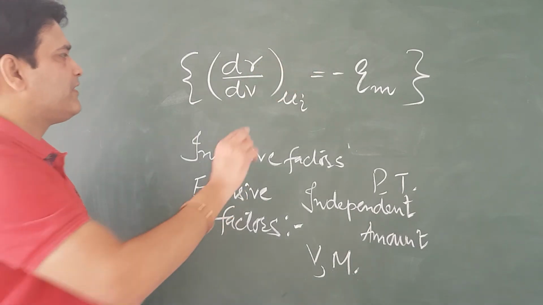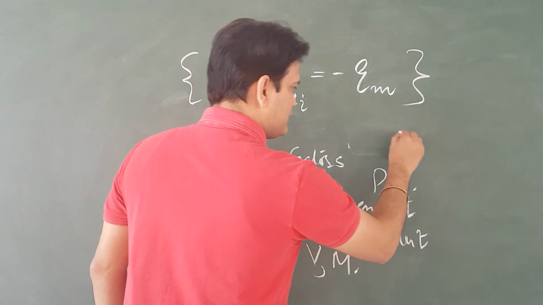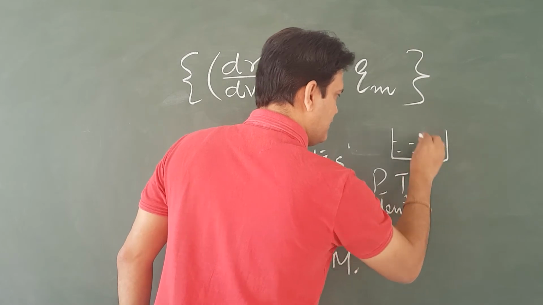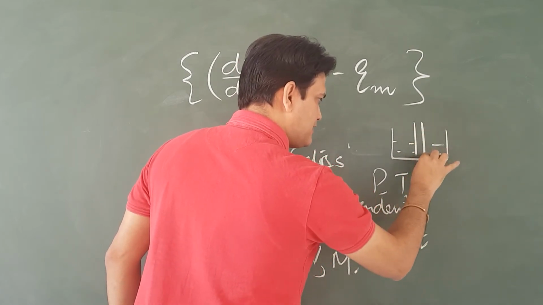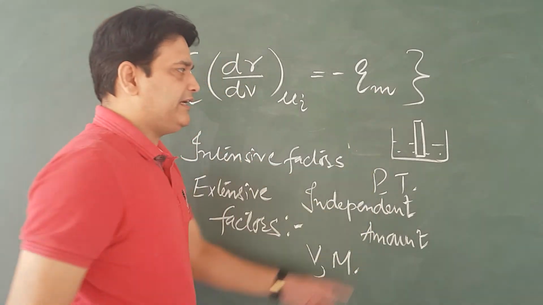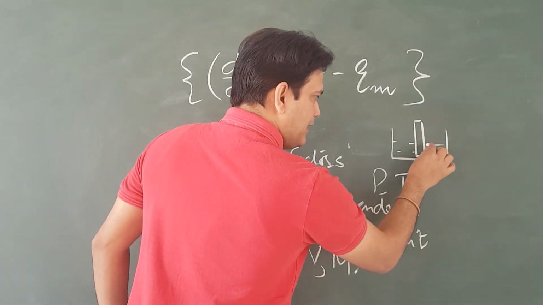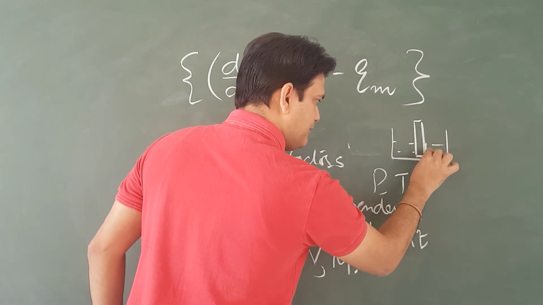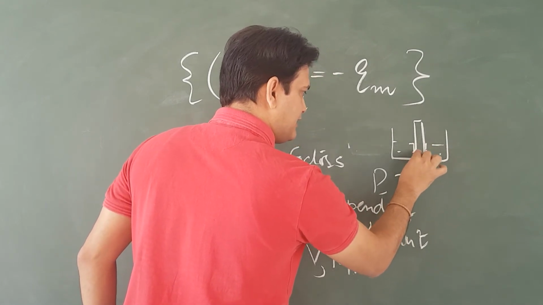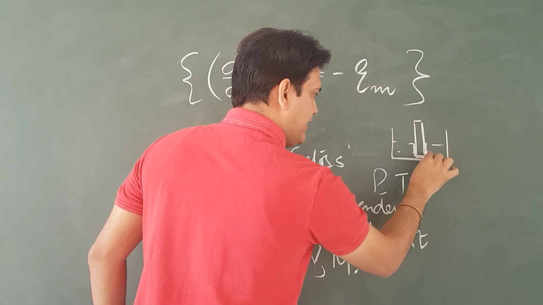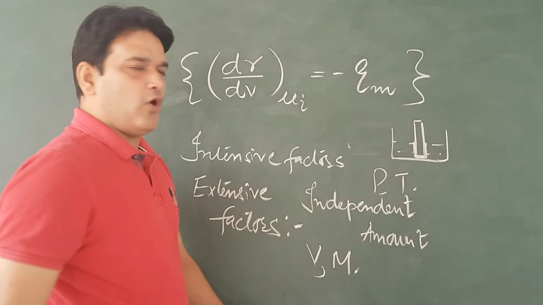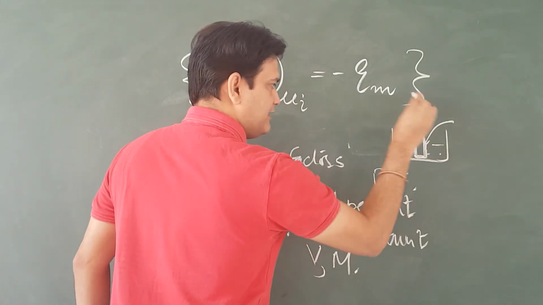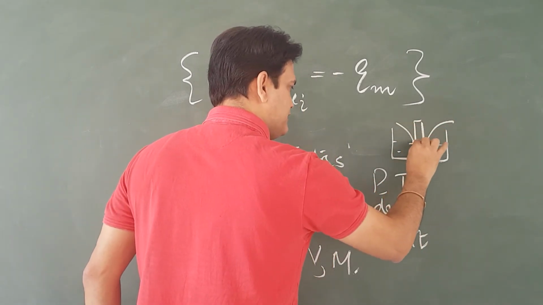And I think you know what is interface. Suppose this is the solution and we have immersed an electrolyte into it. Then between the solution and the electrolyte, a new region is formed which is called interface.